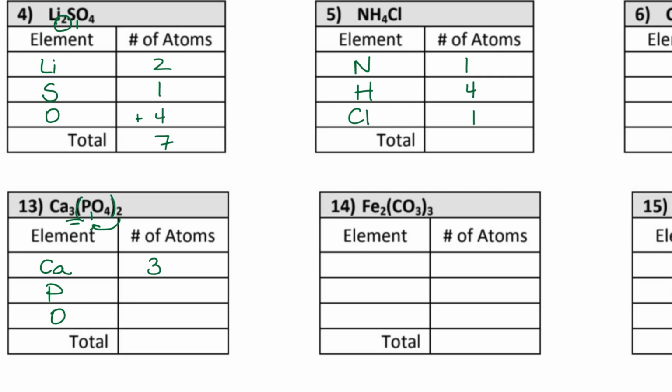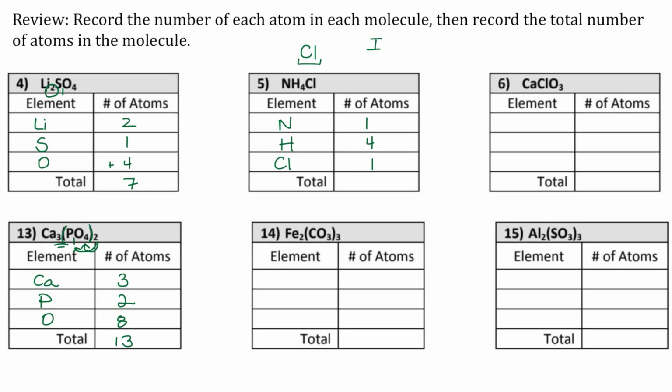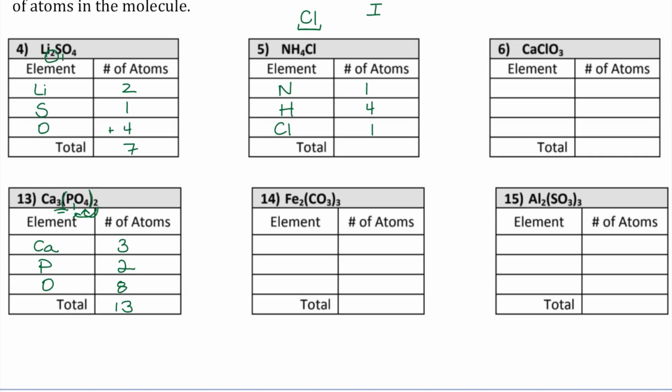So if I have 1 phosphorus inside the parentheses, 1 times 2 means I'm going to have 2 phosphorus total in that molecule. For my oxygen, 4 times 2, that would be 8 oxygen, so this would be a total of 13 in that molecule. Feel free to look at 6, 14, and 15 on your own.